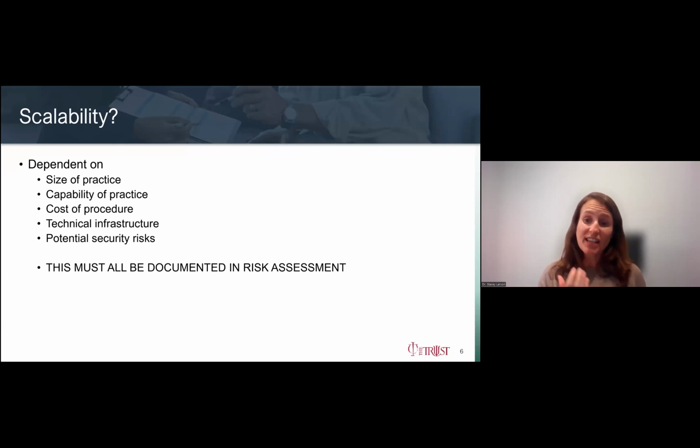The comprehensiveness aspect refers to the fact that the security rule addresses all aspects of security, so we're going to be talking about data integrity, availability, and the ability to maintain confidentiality. And the neutrality aspect is that the security rule does not define specific technology requirements. Like I mentioned, it's more of a general framework that they want people to work in.